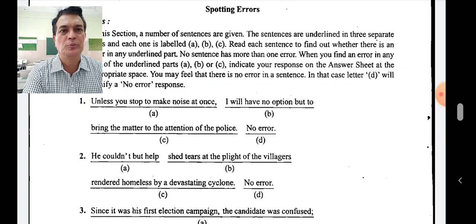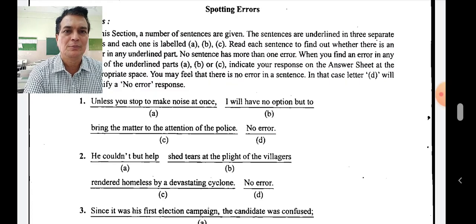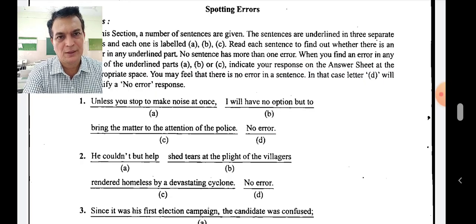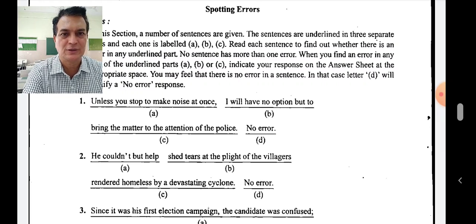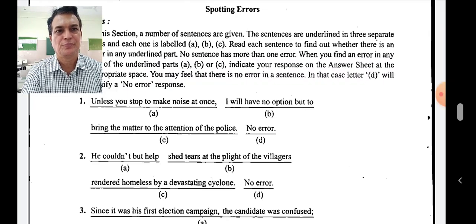Unless you stop to make noise at once, I will have no option but to bring the matter to the attention of the police. No error. He couldn't but help shed tears at the plight of the villagers rendered homeless by a devastating cyclone. No error.